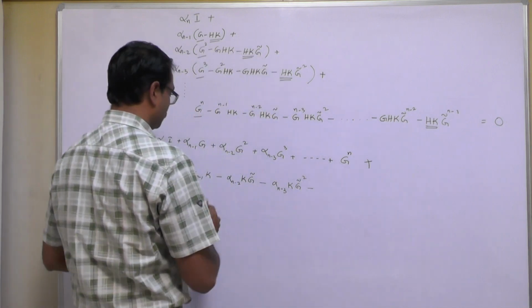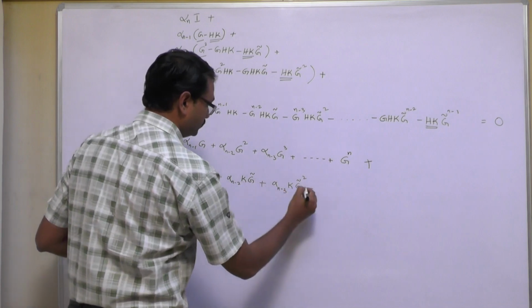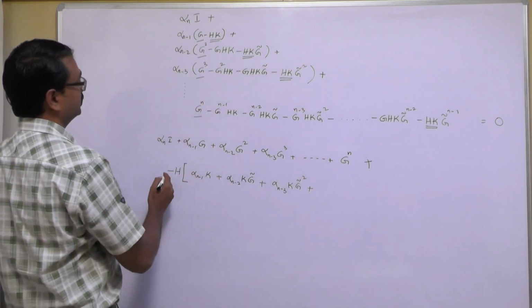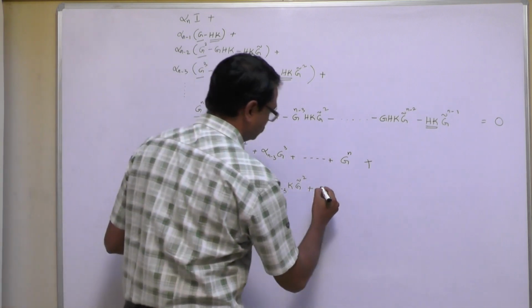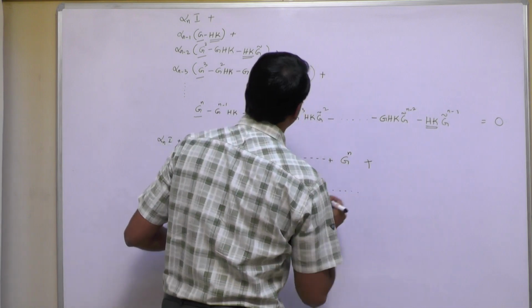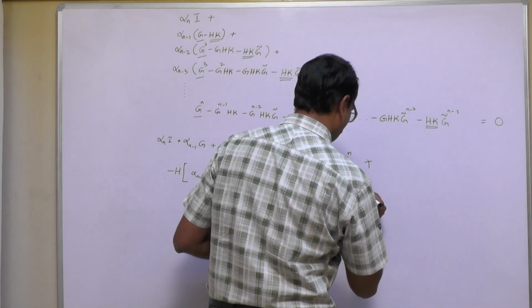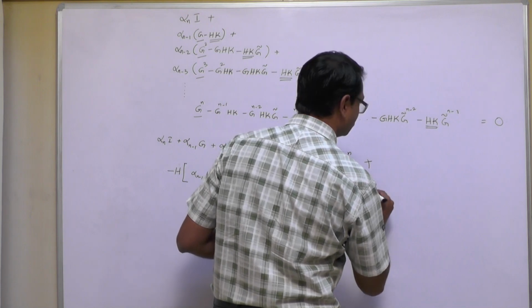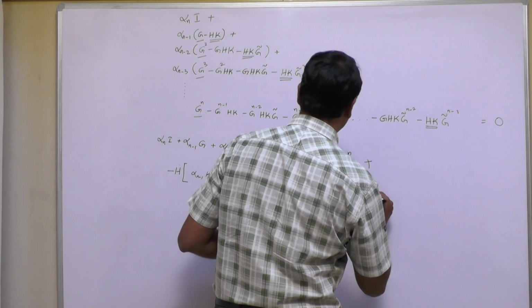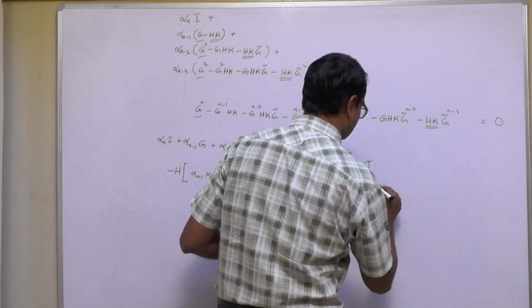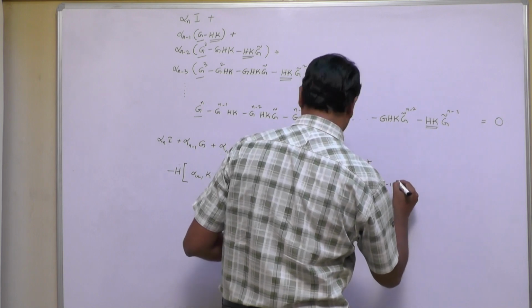Minus is already considered, therefore I will put all this positive. Minus is already considered here, so minus is nullified. So on, the last term is plus K G power n minus 1.